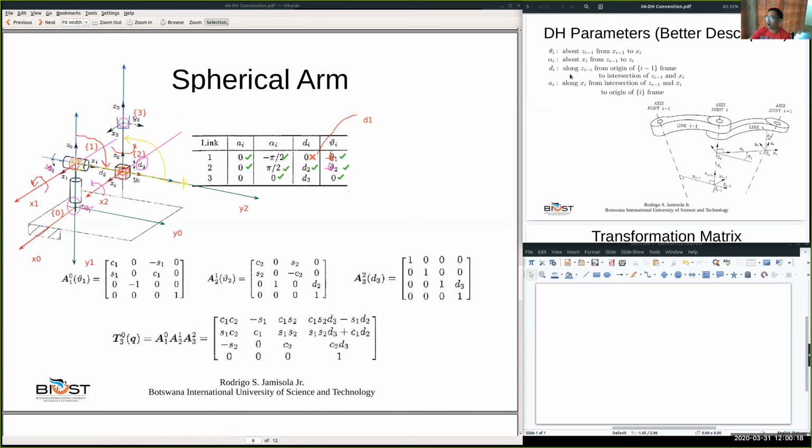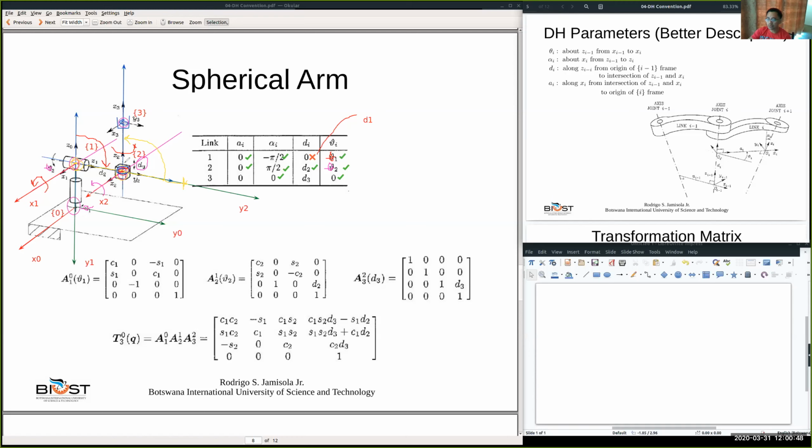Along Z2, from the origin of frame 2. The origin of frame 2 is this one. Let's draw it, let's make it blue now so that you can see it. To the intersection of Z2 and X3, which is this one.